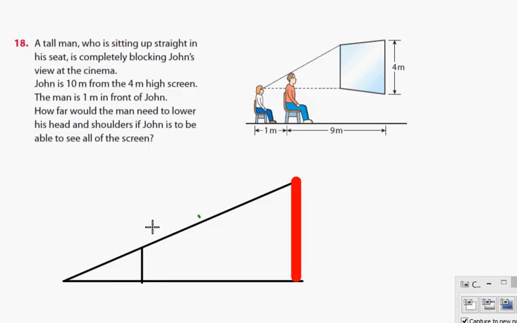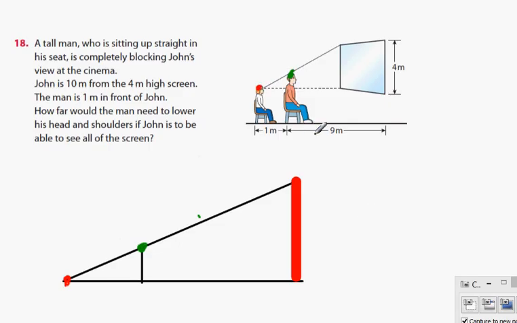Now, he needs to see all the screen. The man's head ends here. If I was to give him green hair, his green hair would be just at this point here. John's a redhead, so we put some red in here.